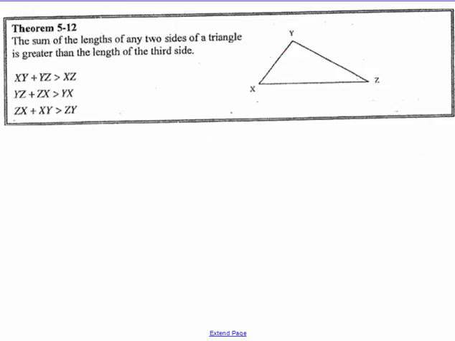The last thing that we have here is that the sum of the lengths of any two sides of a triangle is greater than the length of the third side. In order to show you this, this side plus this side is going to be more than this side.